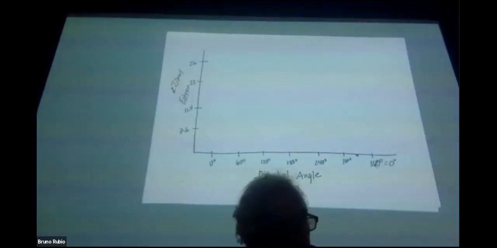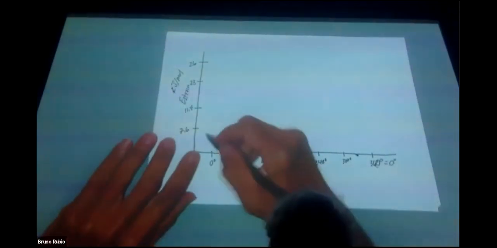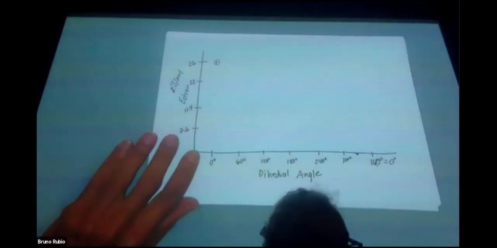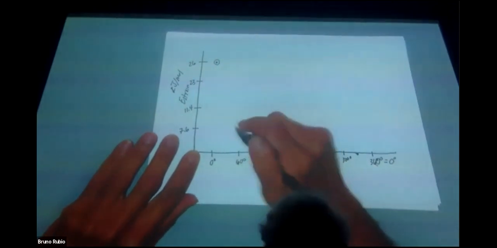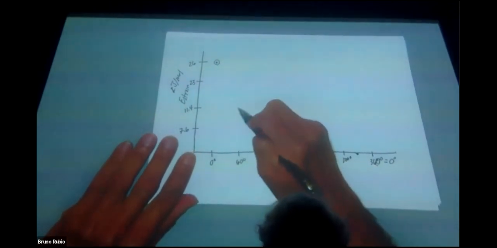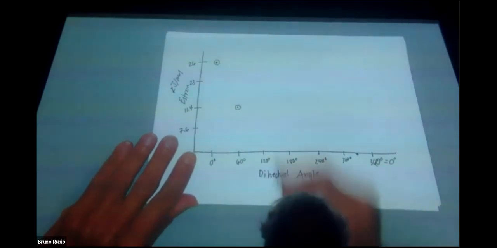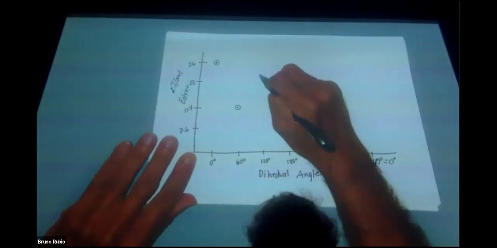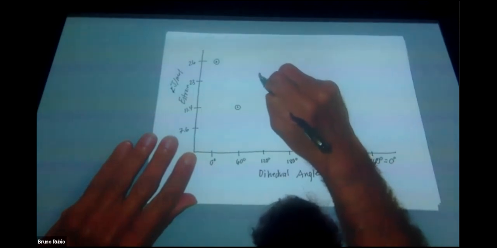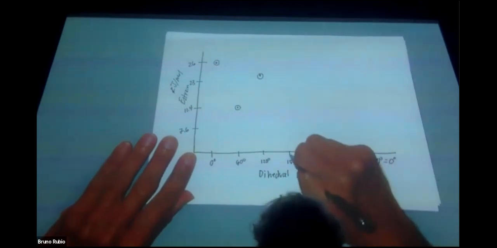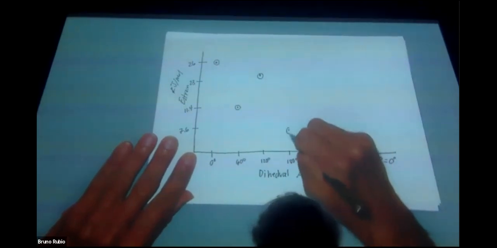Now I'm going to plot everything. The 0 degree conformation had 26 kilojoules of strain energy. The 60 degree conformation had 11.4 kilojoules. The 120 had 23 kilojoules. The 180 had 7.6.